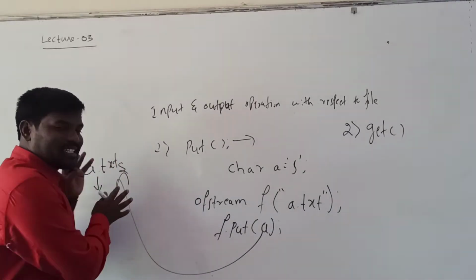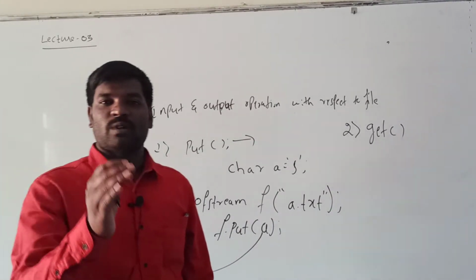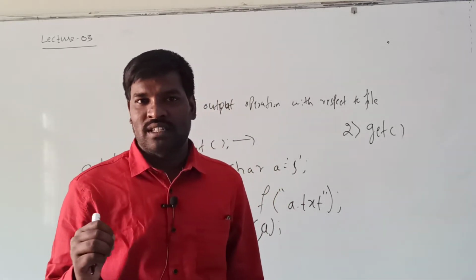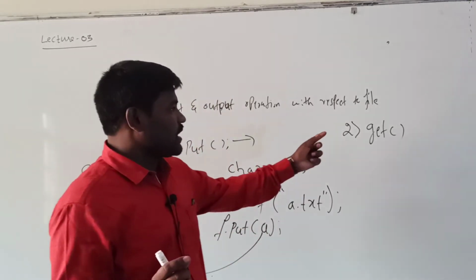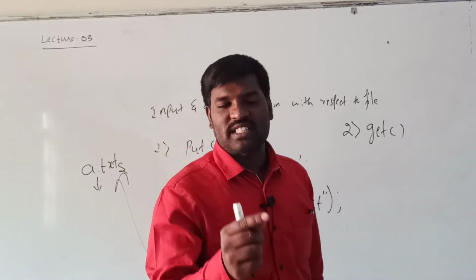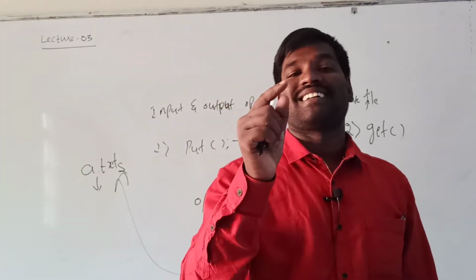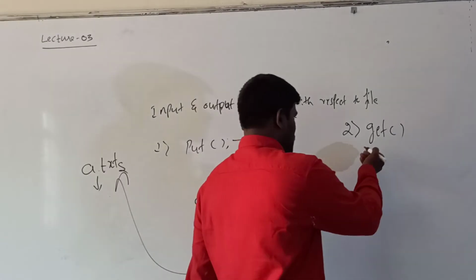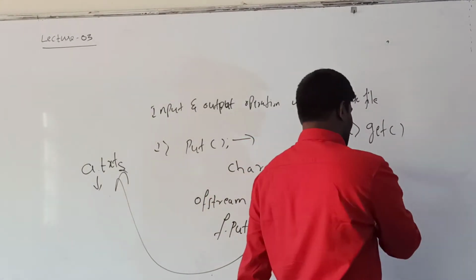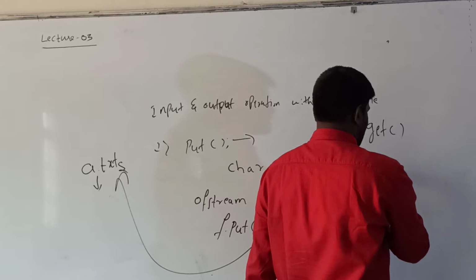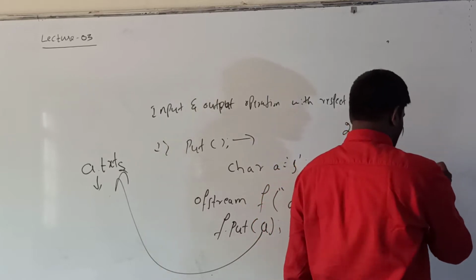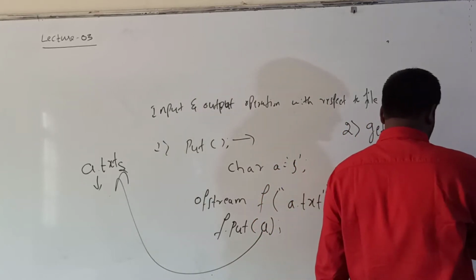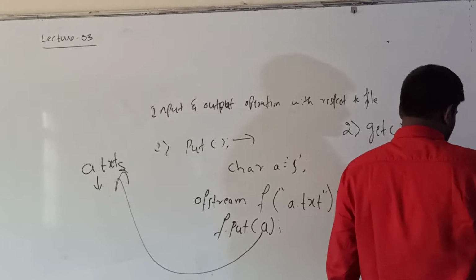Suppose a.txt consists of n number of lines, or say 5 lines. Among the 5 lines, with the help of get, it will take only a single character of the file. If we want to get the value, we can create an ifstream object, ifstream f of a.txt.